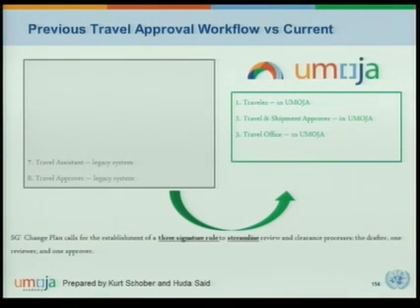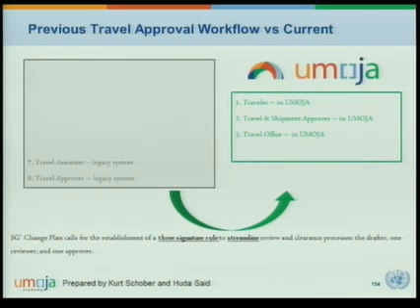In the travel module, in the travel solution, we have 12 enterprise roles. So the traveler, and we have up to 3 enterprise roles for the travel administrator. So we have a travel administrator who can enter travel on behalf of.